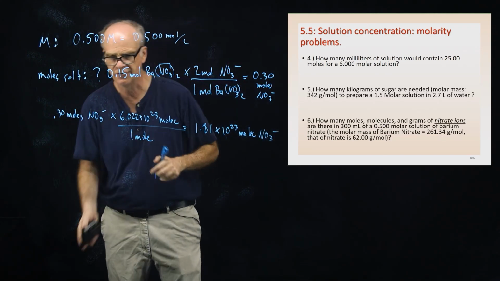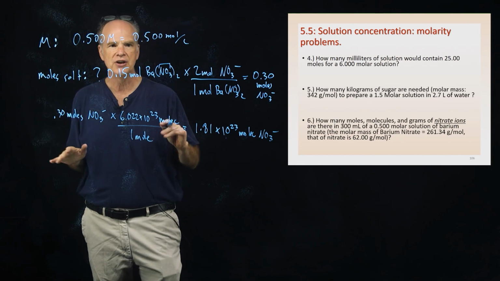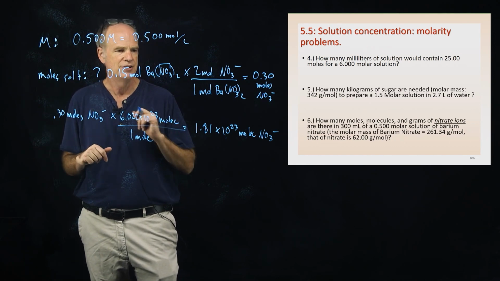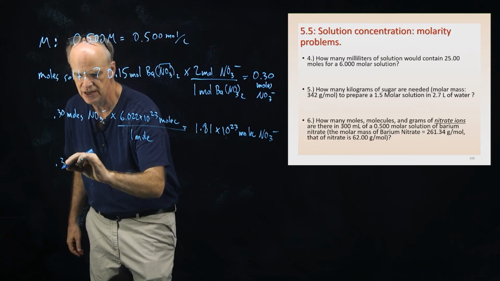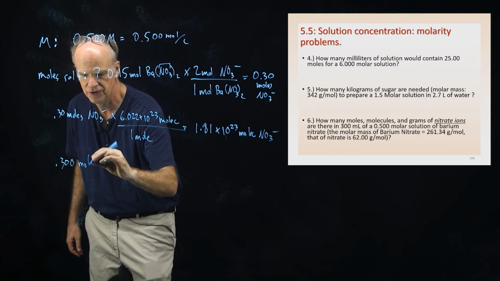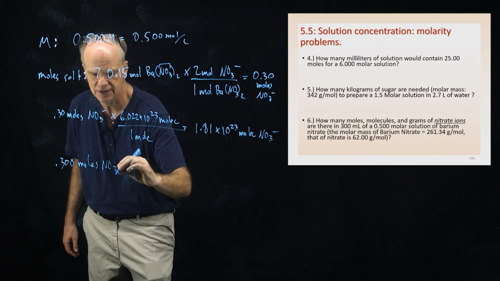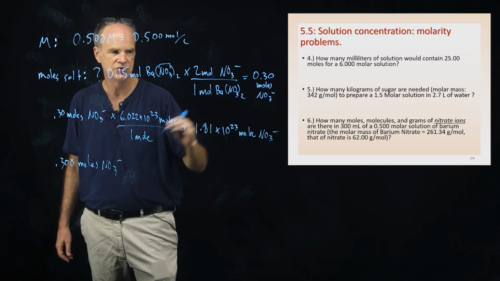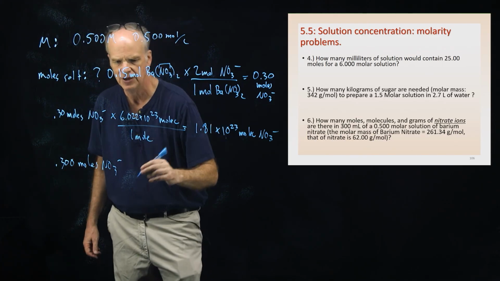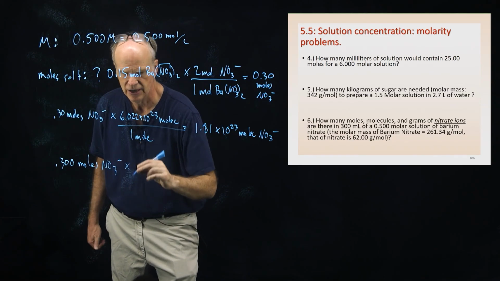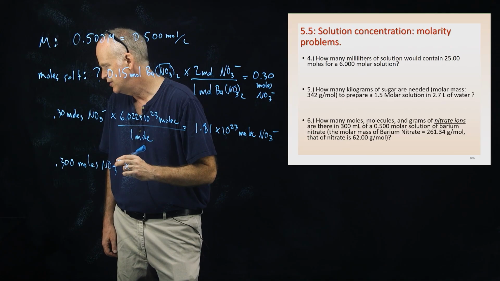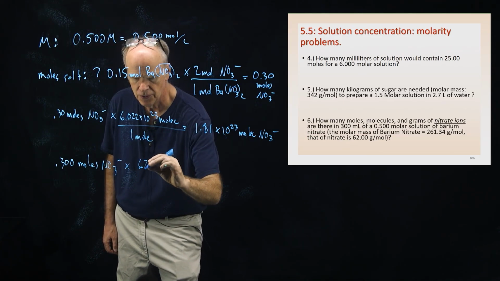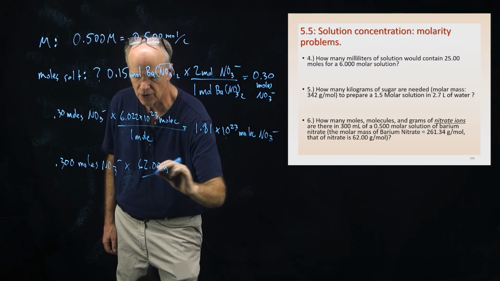Okay, and then the final thing you need to do is figure out what the mass of the nitrate we have is. And that's pretty simple. So it's 0.300 moles of NO3. I'm just adding an extra 0 here, so we should be at 3 significant figures. Times the molar mass of nitrate, which is 62.00 grams per mole.